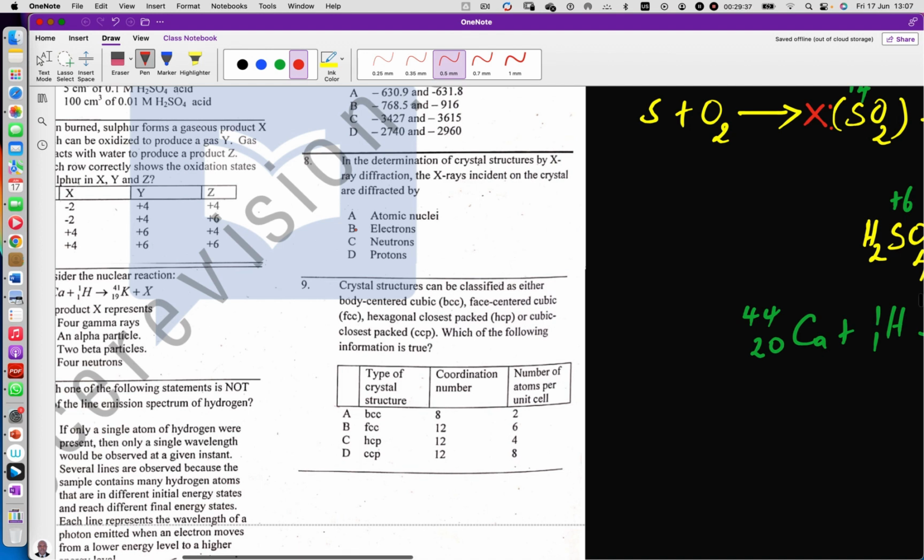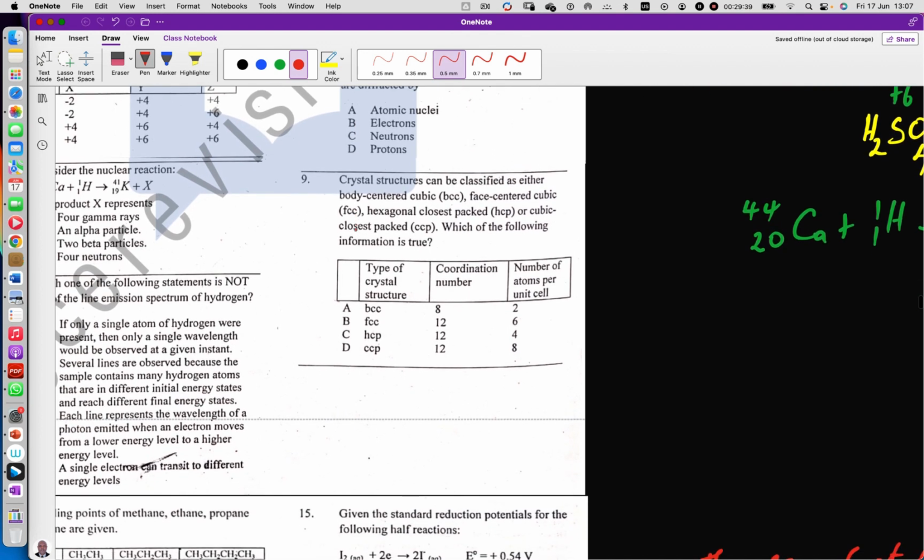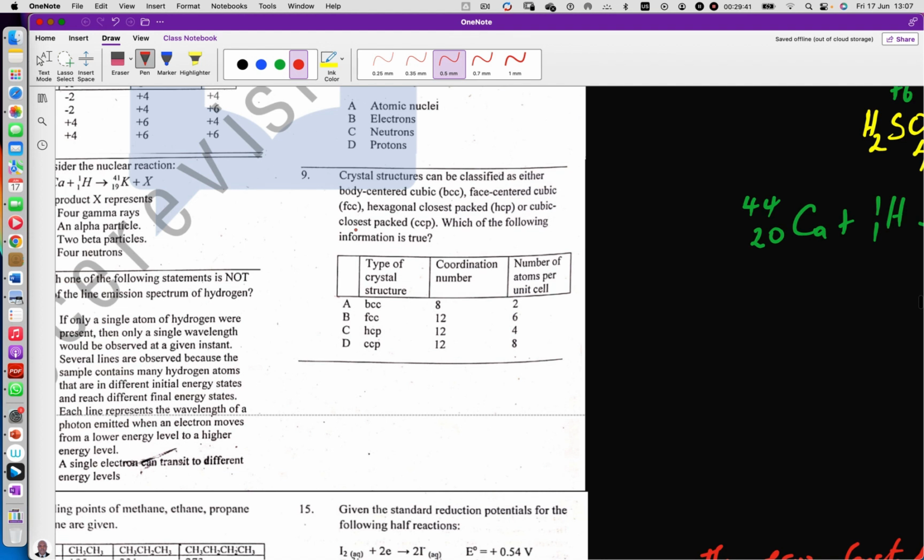Number 9. Crystal structures can be classified as either body-centered cubic, face-centered cubic, hexagonal closest packed, or cubic closest packed. Which of the following information is true?